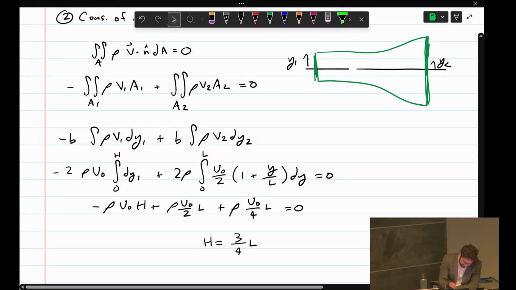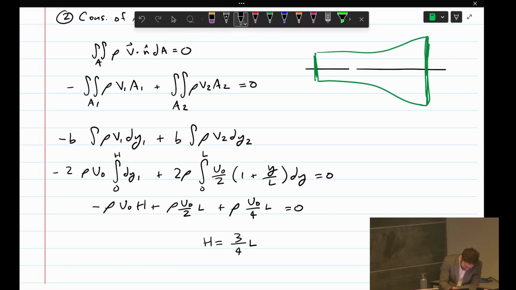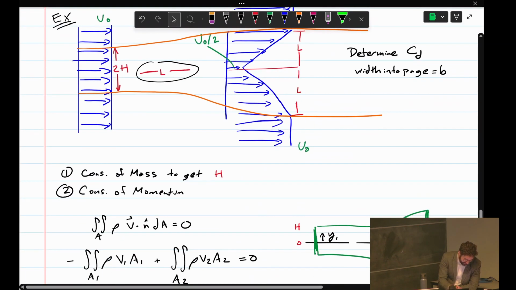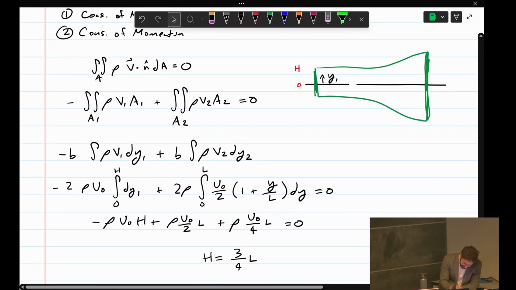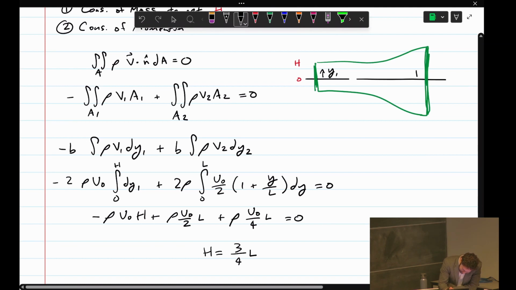Okay. I'm going to make this a little bit neater just to explain what's happening in this integration. I'm using a coordinate at the face defined as y1. So that's this y1. And I'm integrating from 0 to h. Remember I changed how I defined h, so the total height is 2h. On the back face, I'm doing an integral with a coordinate y2.